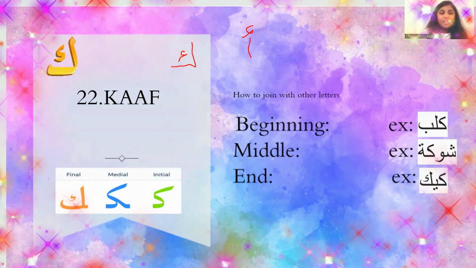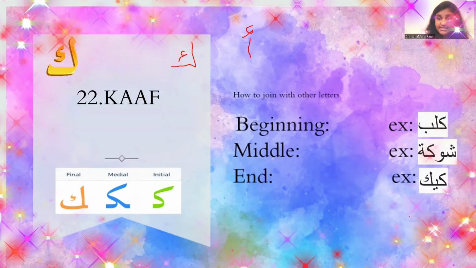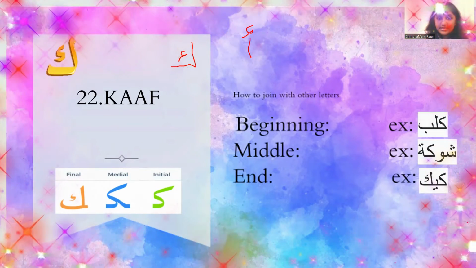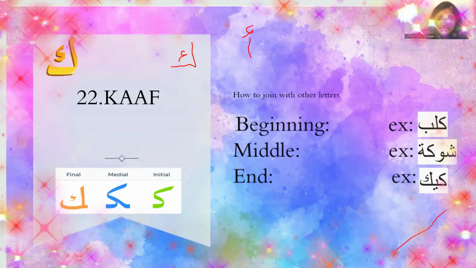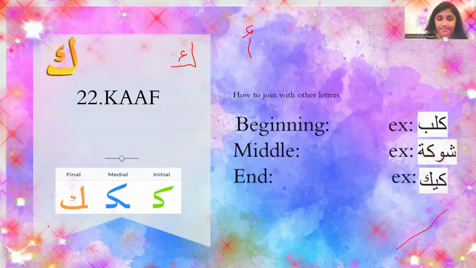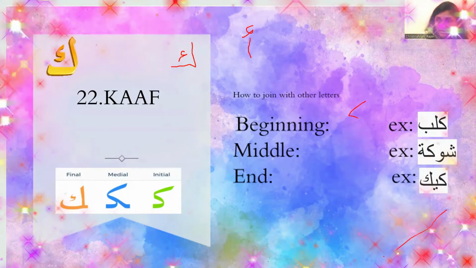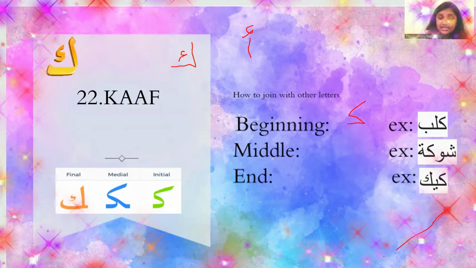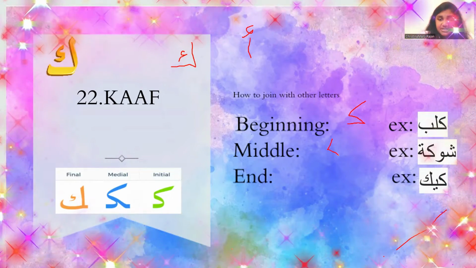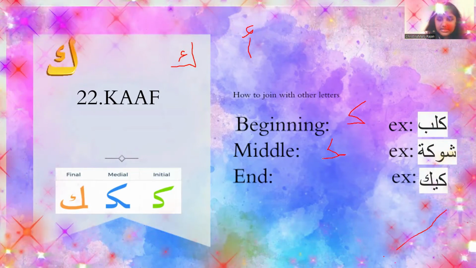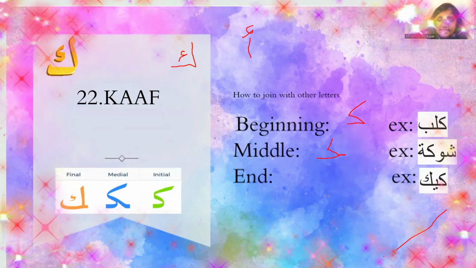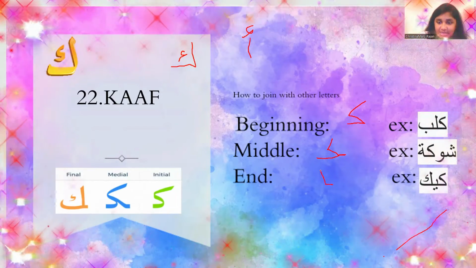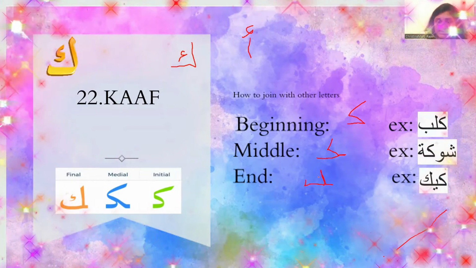So, let's see in the beginning how it is. In the beginning, as you can see, it goes like this. Ha. In the middle, it will have a dash here and go like this, a dash here. Then at the end, we'll have a dash and then the same letter itself.